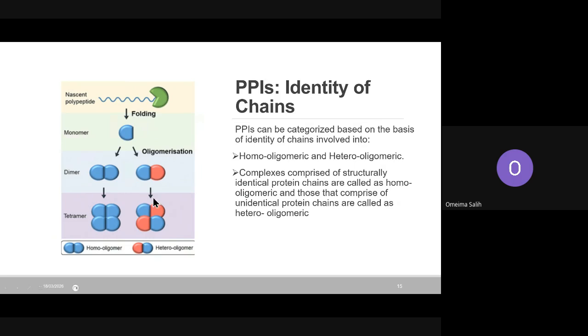If they are different types of proteins with different amino acids, then we call them hetero-oligomeric. So this again defines the type of interaction between the proteins, because there will be different types of side chains if it is hetero-oligomeric or homo-oligomeric.